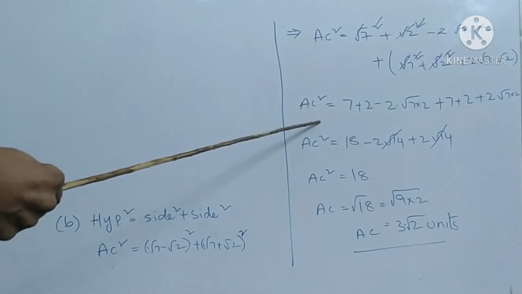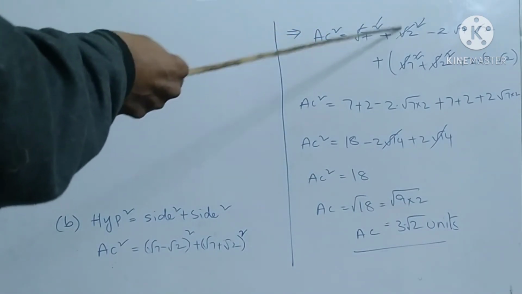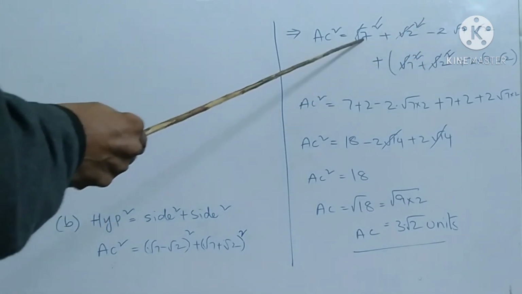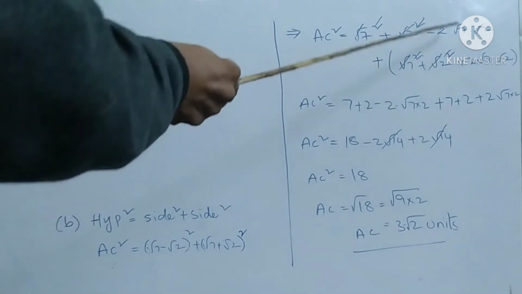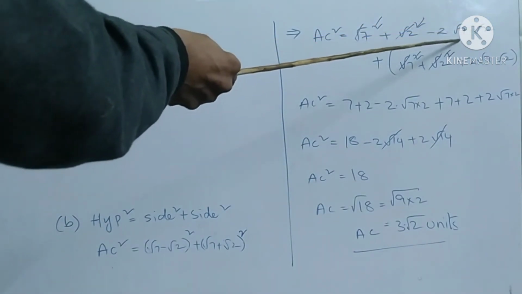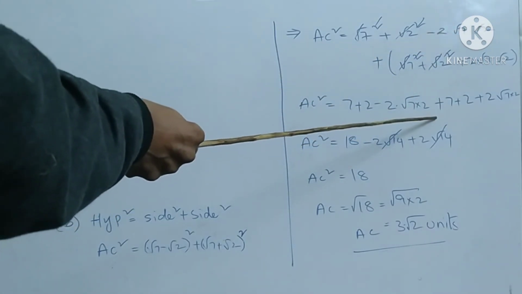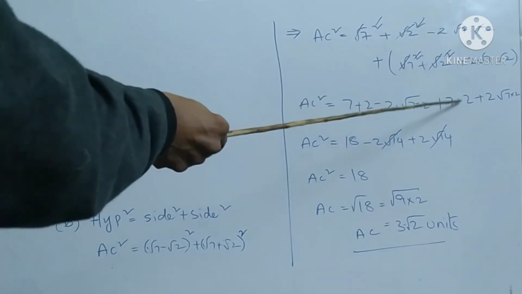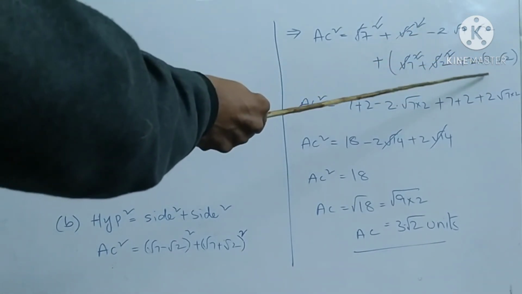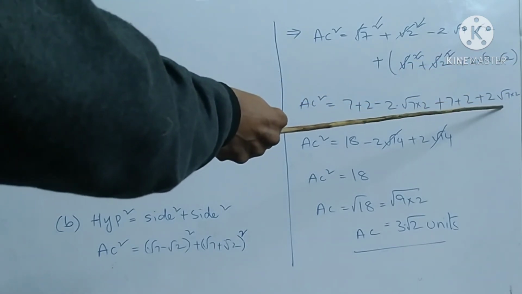So here AC square is equal to, here square root cancels, square root cancels. So 7 plus 2 minus 2 into, here root a into root b is equal to square root of a into b. So square root of 7 into 2 plus 7 plus 2 plus 2 into square root of 7 into 2.